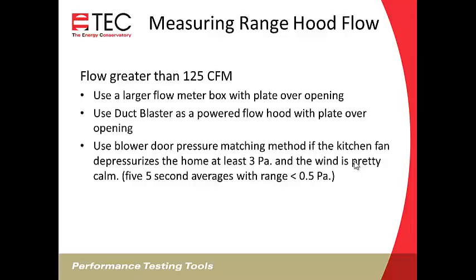I know you have to write down some numbers, and that's fine, if you're required to. But also write down these 5-second averages so you get just a quick glimpse of what the wind is doing during the time when you're taking the measurements.